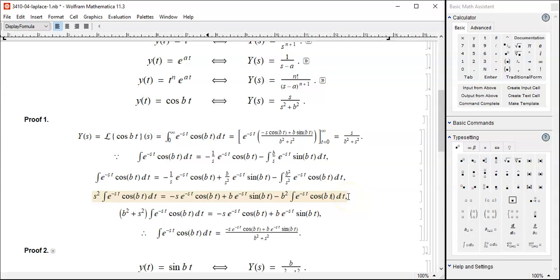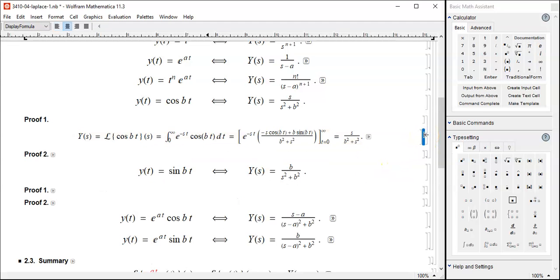So take the like terms together by flipping this to the other side. Then what do you get? Same integral, b squared plus s squared. And then what's left? These. Finally, divide by this, b squared plus s squared, and then we get this. And this is the antiderivative we have over here, if you simplify a little bit further.